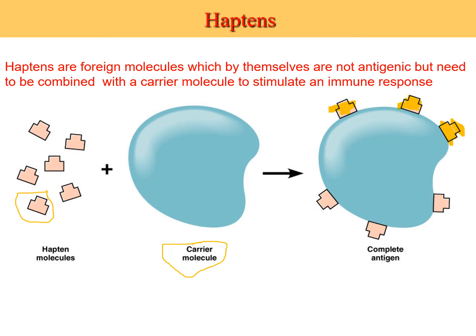And these things are called haptens. Foreign molecules that by themselves can't act as an antigen, but when combined with a carrier can. And actually a number of vaccines, I believe, involve carrier molecule and haptens coming from the organism, hapten molecules plus a carrier, and you get a good response.